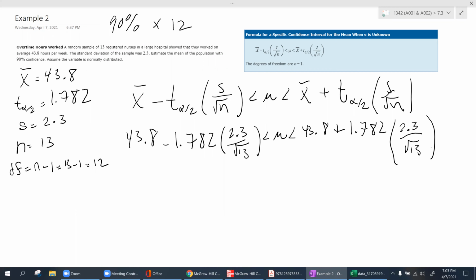43.8 minus 1.782 times 2.3 divided by root 13.